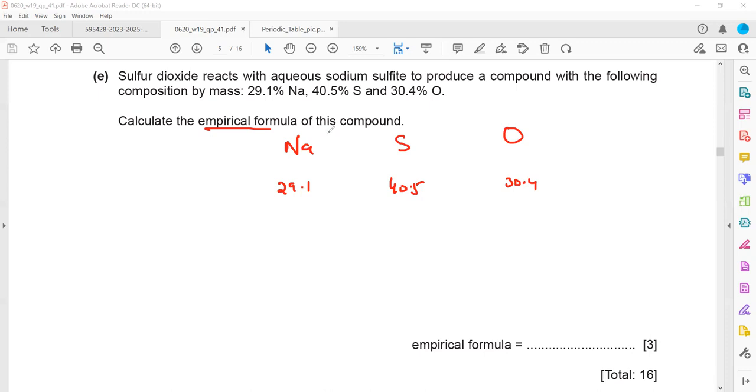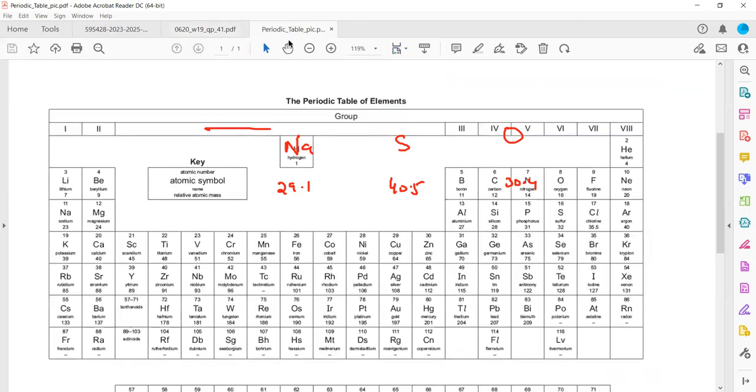So first, we divide by atomic mass. For atomic mass, we use a periodic table. In the periodic table, sodium is 23, sulfur is 32, and oxygen is 16.